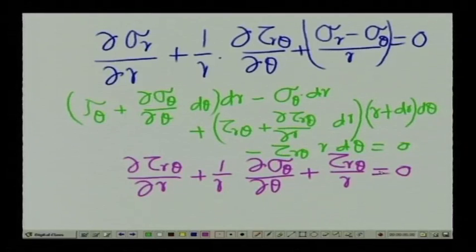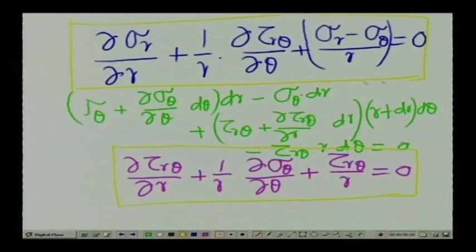So, these are the two equations: del tau r theta del r plus 1 by r del sigma theta del theta plus tau r theta by r equals 0, and del sigma r by del r plus 1 by r del tau r theta del theta plus sigma r minus sigma theta by r equals 0 is the other equation of equilibrium.